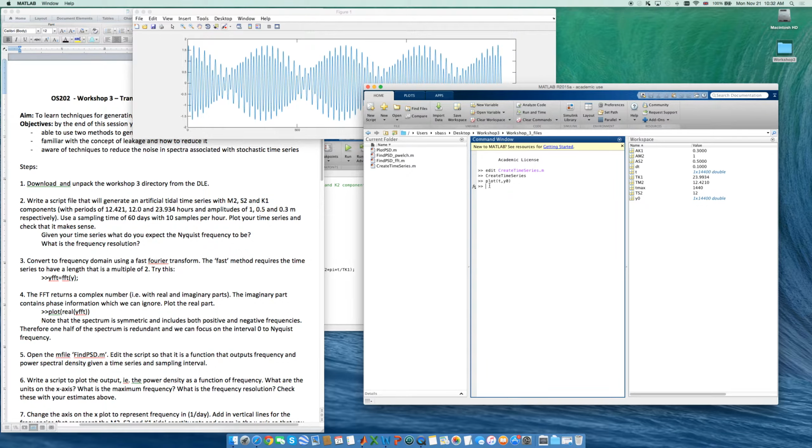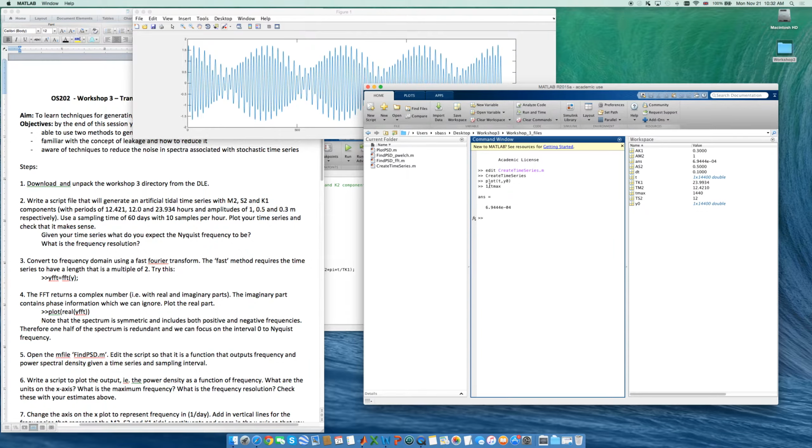Okay, it's also asking what is our frequency resolution. Frequency resolution relates to the duration of the time series. So we've got a sampling time of 60 days. So the lowest frequency that we can resolve will be 1 divided by 60 days, which in terms of hours, is 1 over T max.